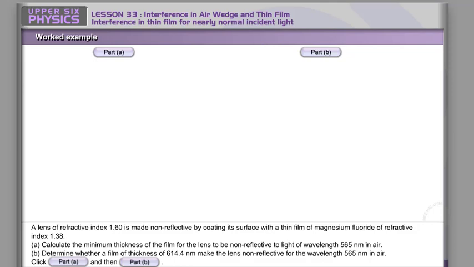B. Determine whether a film of thickness 614.4 nanometers makes the lens non-reflective for the wavelength 565 nanometers in air. Click the Part A button and then the Part B button.